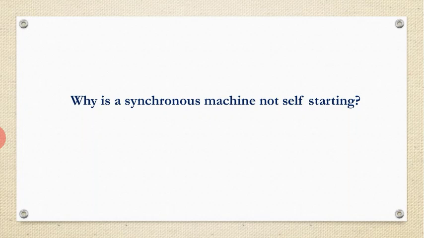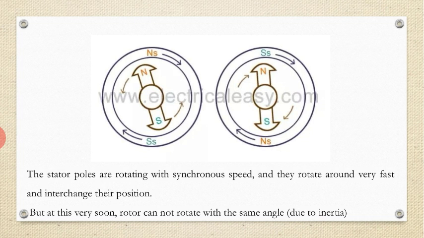Now the next bit I am going to discuss is why a synchronous machine is not self-starting. If you look at this figure, when we excite the stator winding with AC supply, the rotating magnetic field is created.